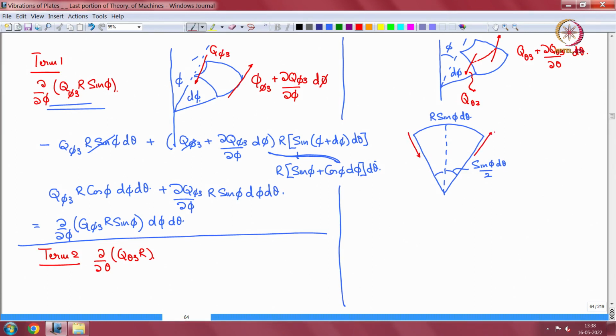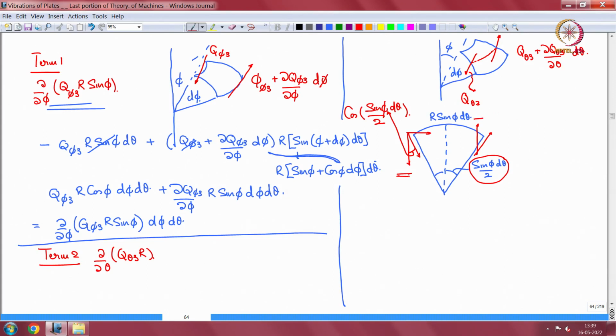I am looking for the vertical component, the cosine of this angle. This angle is a small angle, sine phi d theta by 2, so the cosine of that angle is actually 1. So the components here will be negative and here will be positive.